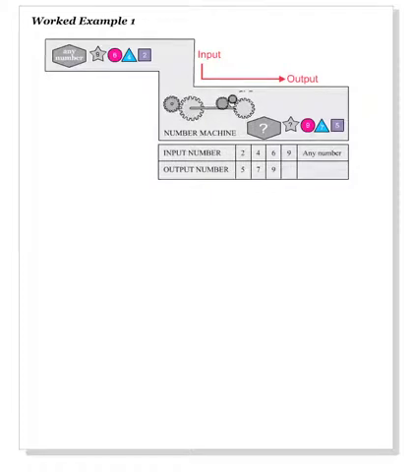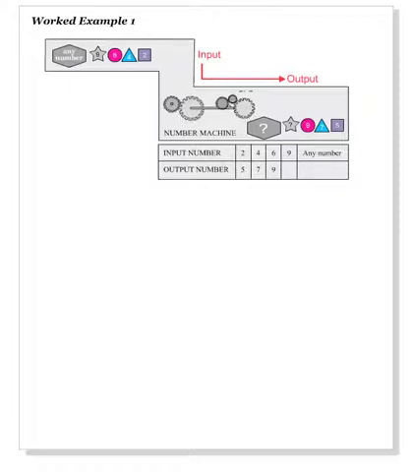So, in the table, we can write the input numbers and then the output numbers. The input numbers are 2, 4, 6, and 9, and then any number. The output number for 2 is 5. The output number for 4 is 7. And the output number for 6 is 9.